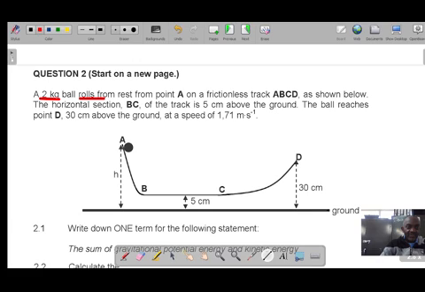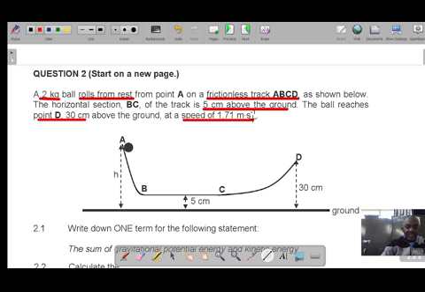Did you hear that? Rolls from rest from point A on a frictionless track ABCD. The horizontal section BC is 5 centimeters above the ground. This is my height for BC. The ball reaches point D, which is 30 centimeters above the ground, at a speed of 1.71 meters per second. So this is our final speed at point D.